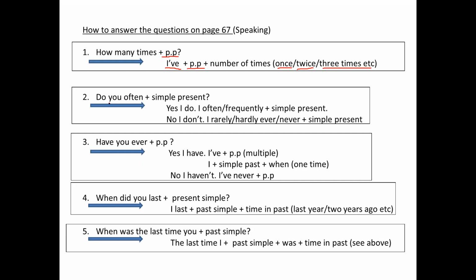Style number 2 is, do you often plus simple present. For example, do you often get headaches? Yes, I do. I often get headaches. No, I don't. I rarely get headaches.